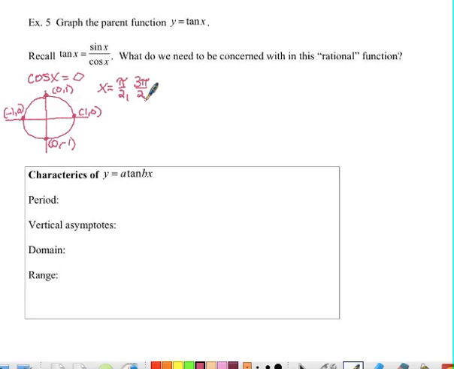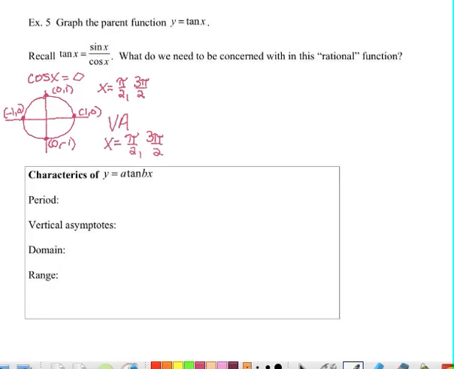It's undefined, but on the graph, what did we see? A vertical asymptote, okay? So what's interesting about the tangent graph is wherever the denominator is equal to 0, it's going to produce a vertical asymptote. Because tangent x equals sine x over cosine x, it really is a rational function.